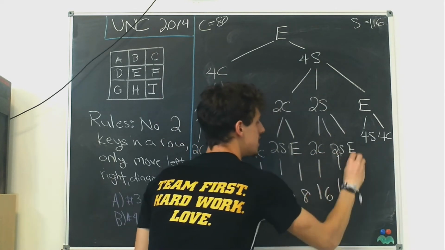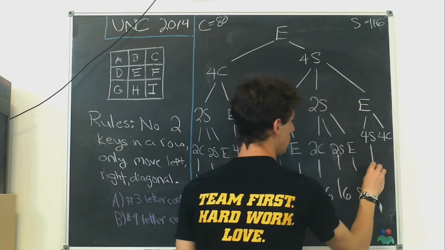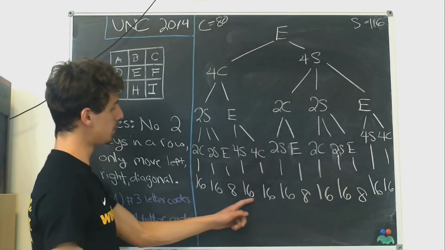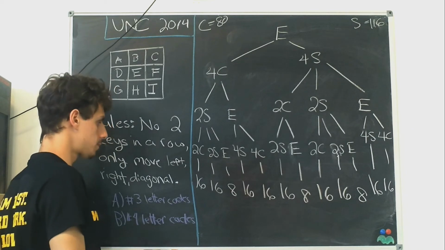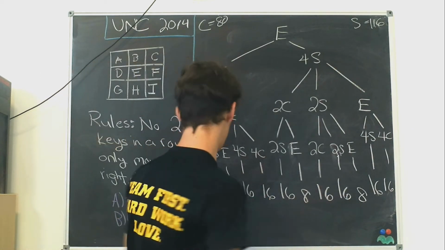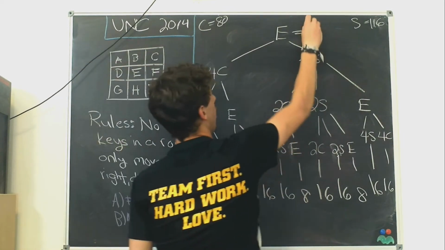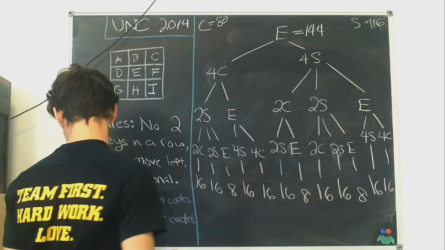Likewise, this one's 16. 4 times 2 times 1 is 8. 4 times 1 times 4 is 16, and this is also 16. So we have 1, 2, 3, 4, 5, 6, 7, 8, 9 copies of 16. And we have 1, 2, 3 copies of 8. So that will give us 144 possibilities for when we start in the middle at E.